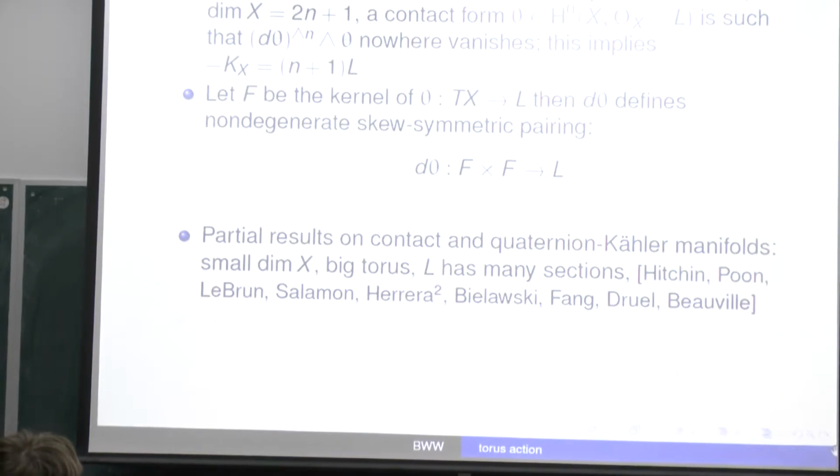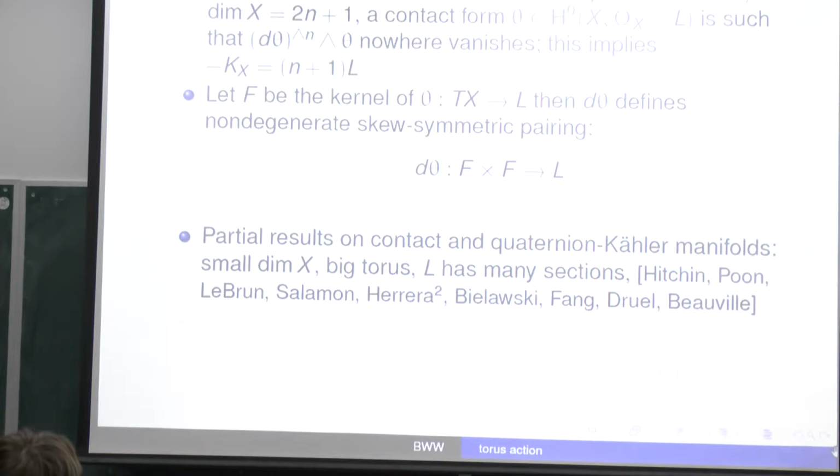I think that most of this is standard in a standard course in mechanics. You talk about the symplectic structure, then you talk about the contact structure. As far as the results regarding the LeBrun-Salamon conjecture go, there are several. Low dimensions are due to Hitchin, Poon, and also LeBrun and Salamon; they actually swept out some cases.